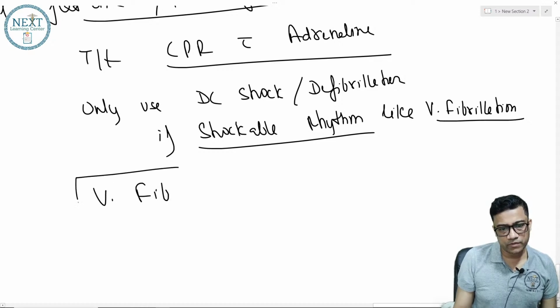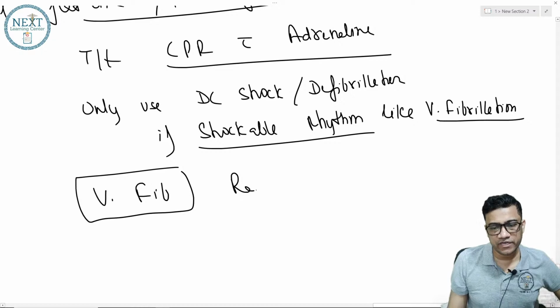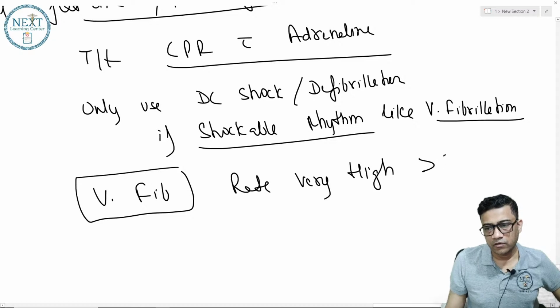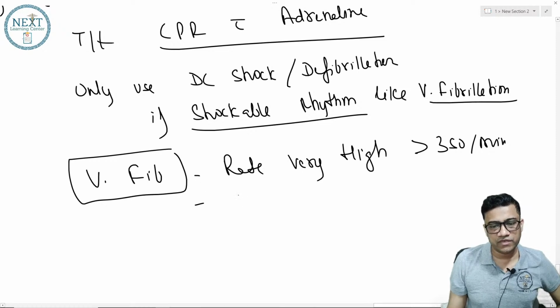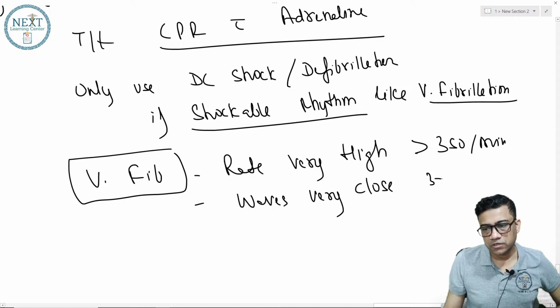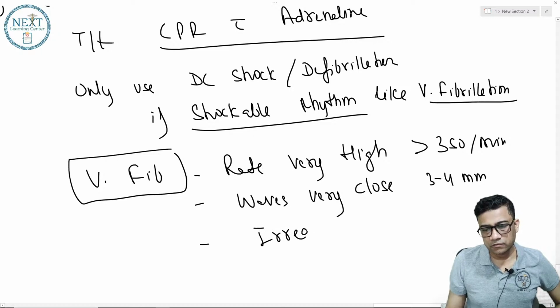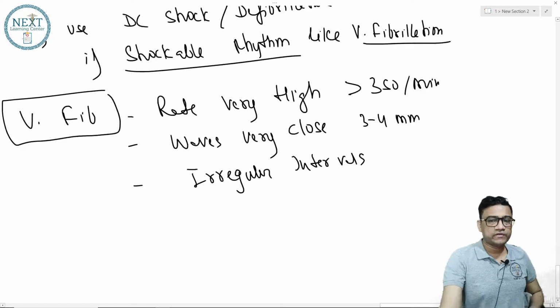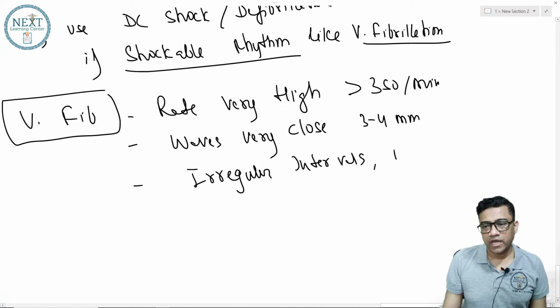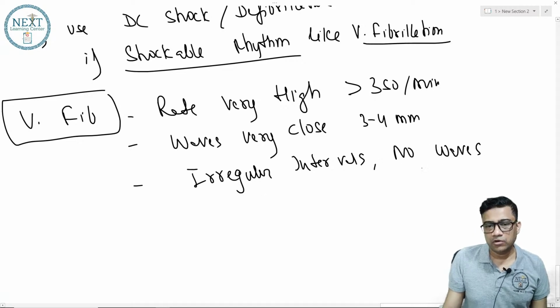What is VFib? In VFib, the rate is very high, more than 350 per minute. So the waves are very close, 3 to 4 millimeter, irregular pattern, irregular intervals, can be close or apart, okay, and no waves identified properly.